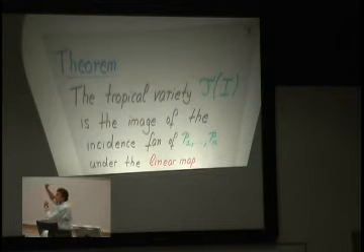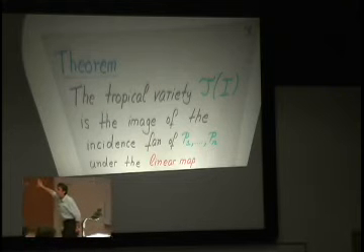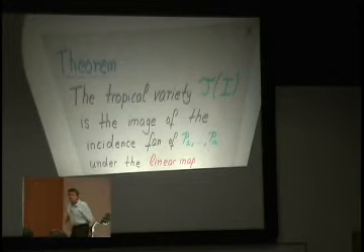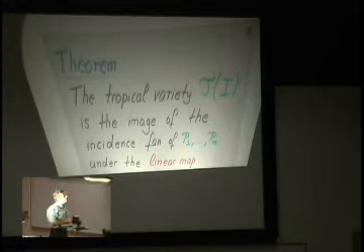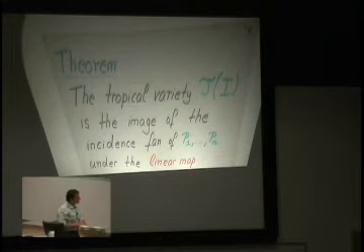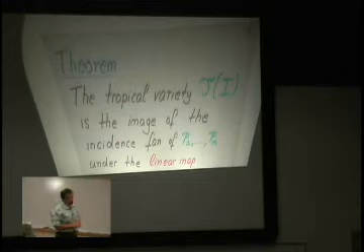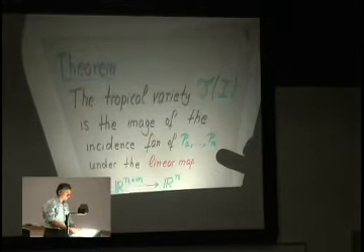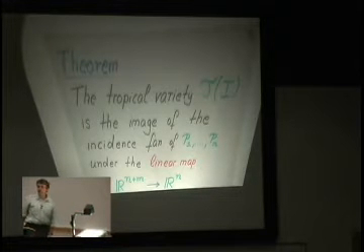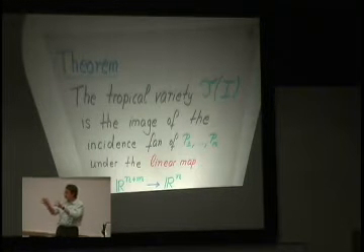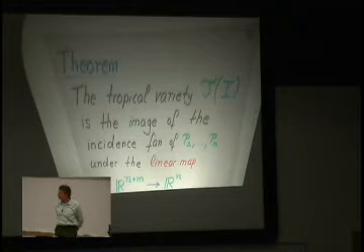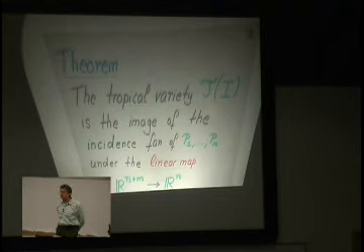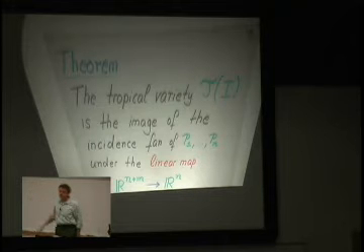Remember I talked about a linear map yesterday, right? I talked about projecting onto this space over there. Same thing. So the tropical variety that I'm after is the image of the incidence fan under a certain linear map from R^(n+m) into R^n. I'm trying to build a fan in R^n, and I'm given an easy combinatorial fan in R^(n+m). So I just have to give you a linear map, and then it's the image.